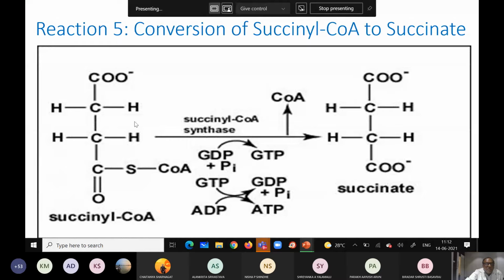See, the succinyl CoA will be getting converted into succinate, and the GDP is phosphorylated by the donation of this phosphate molecule, and there will be the formation of one ATP molecule.